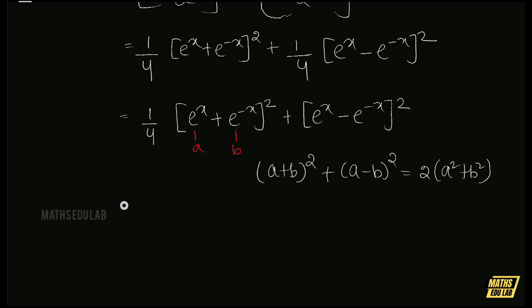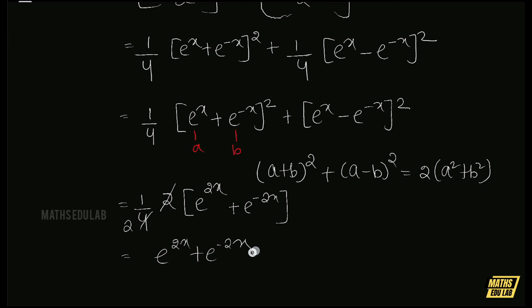In the next step I will write it as 1 upon 4, then 2 into e to the power of 2x, because here it is in the square form, plus e to the power of minus 2x. Then the 2s cancel, and I get e to the power of 2x plus e to the power of minus 2x upon 2.